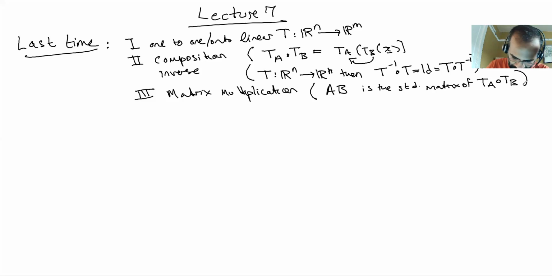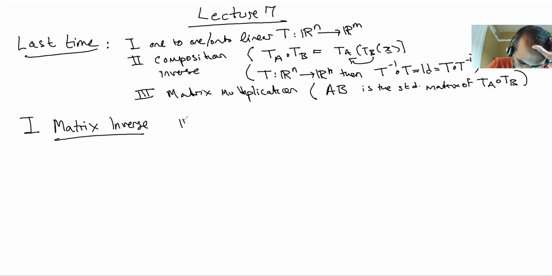And this time we're going to do 3 things also. So first, I'm going to talk about the inverse of a matrix. This is a very central concept in this course, as you'll see from the types of theorems we prove about it. So first, I'll tell you what it is, then I'll tell you how to compute the inverse.